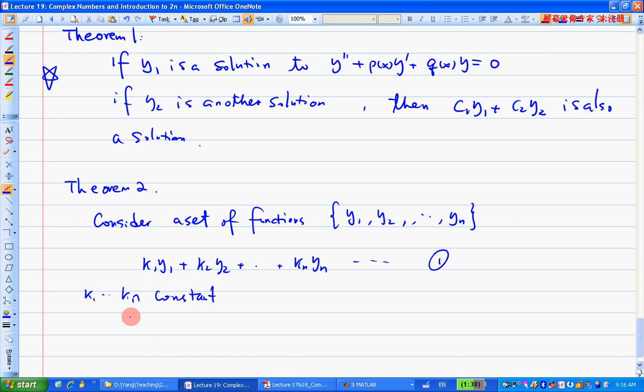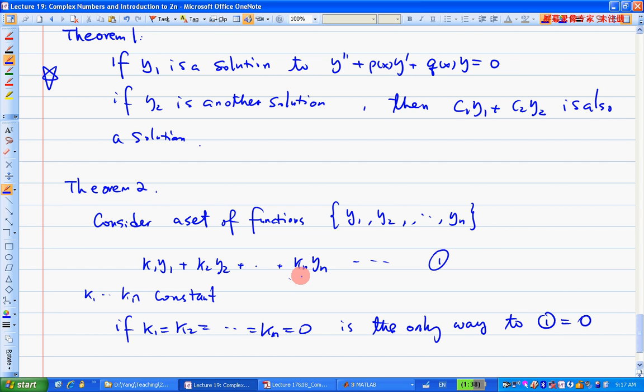Now, if k1 equal to k2 equal to kn equal to 0 is the only way to make number 1 equal to 0, I'm using very plain language here, if all of them being 0 is the only way to make this 0.